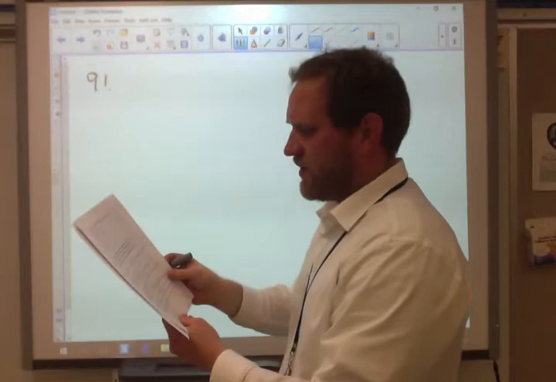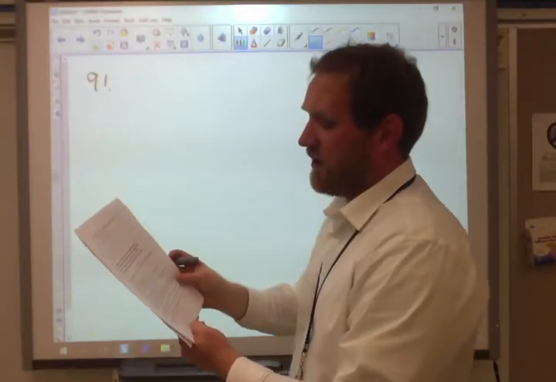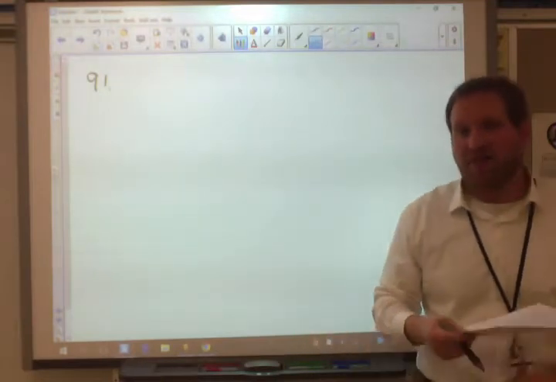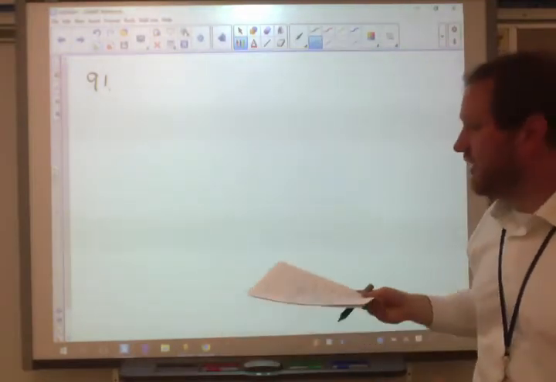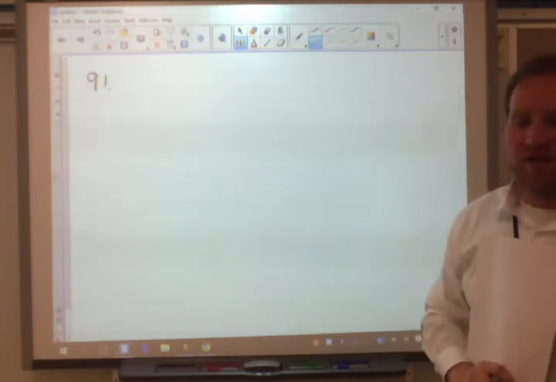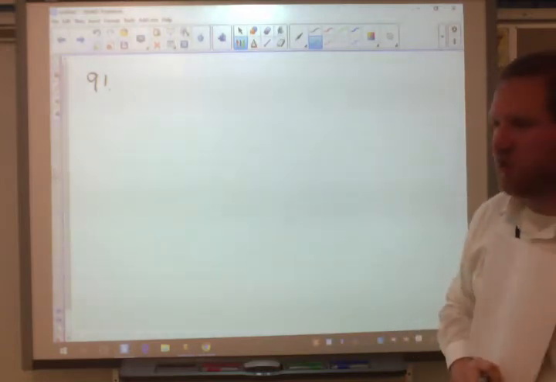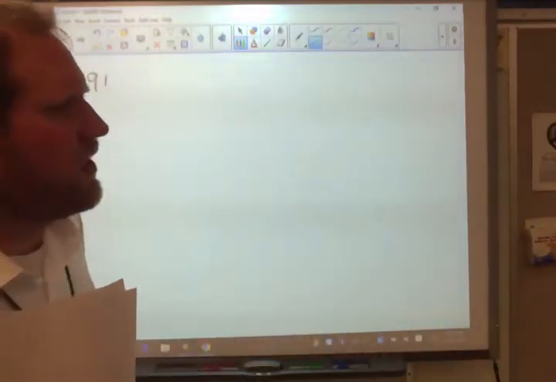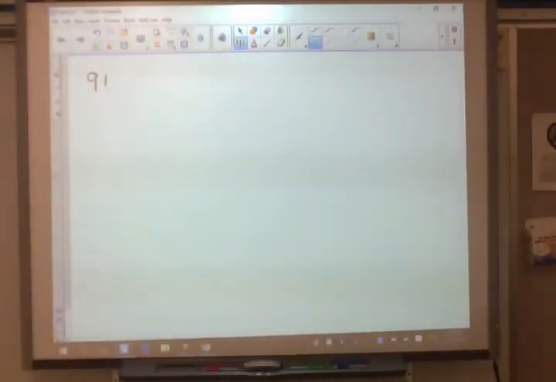91 says, why does argon, Ar, have a higher boiling point than Ne? This just comes down to mass. If they have identical IMFs in terms of categories, then the higher the mass, generally that's going to have the higher boiling point. So neon is atomic number 10, atomic mass of 20.18.